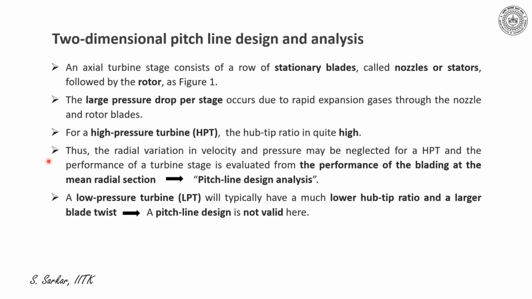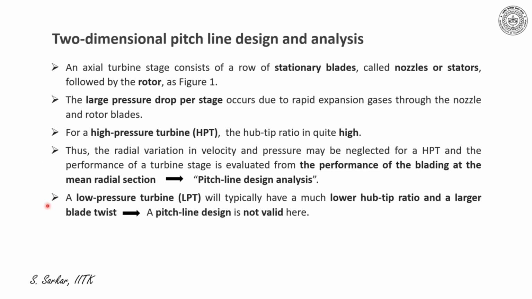Thus, the radial variation of velocity and pressure may be neglected in a HPT, and the performance of a turbine stage is often evaluated from the performance of the blading at the mean radial section, which is called two-dimensional pitch line design.